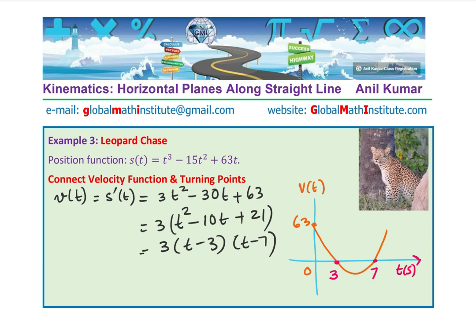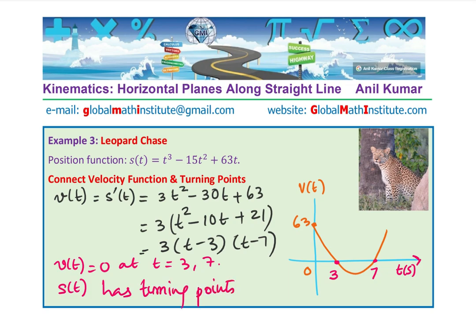From the graph, it is absolutely clear that the velocity is 0 at 3 and 7. So that means, since we have velocity equal to 0 at t equals 3 and 7, s of t, that is the displacement function, has turning points at t equals 3 and 7.